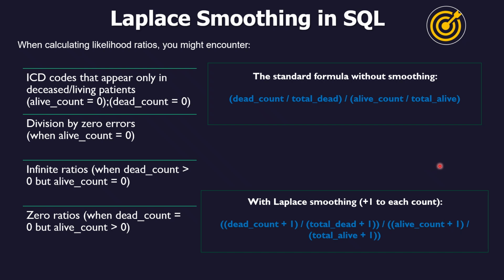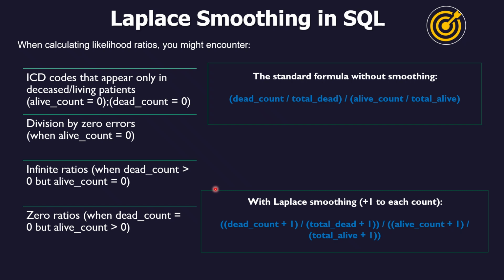But with the Laplace smoothing, you add 1 to each one of these calculations, like dead count plus 1, total dead plus 1, as the case may be, just to make sure that you don't get into issues when you're doing the calculations.